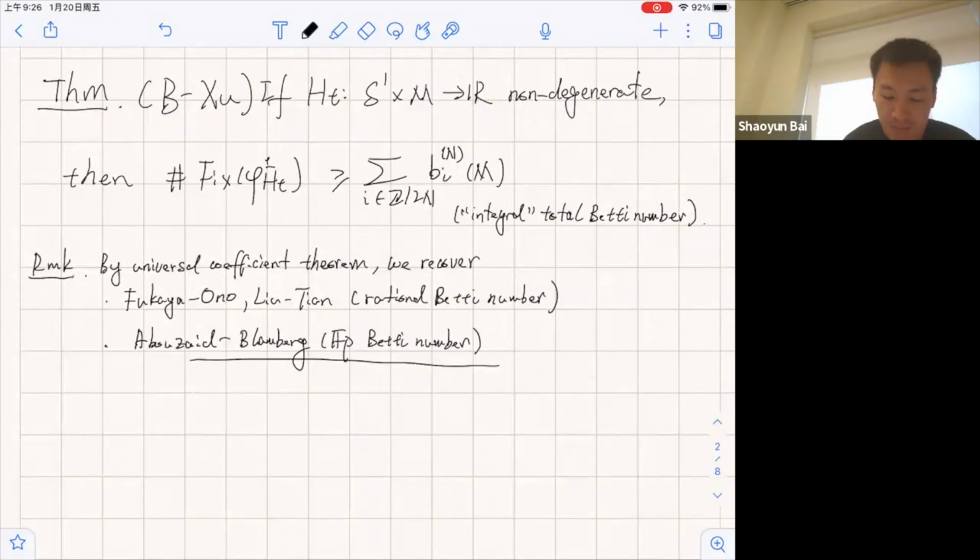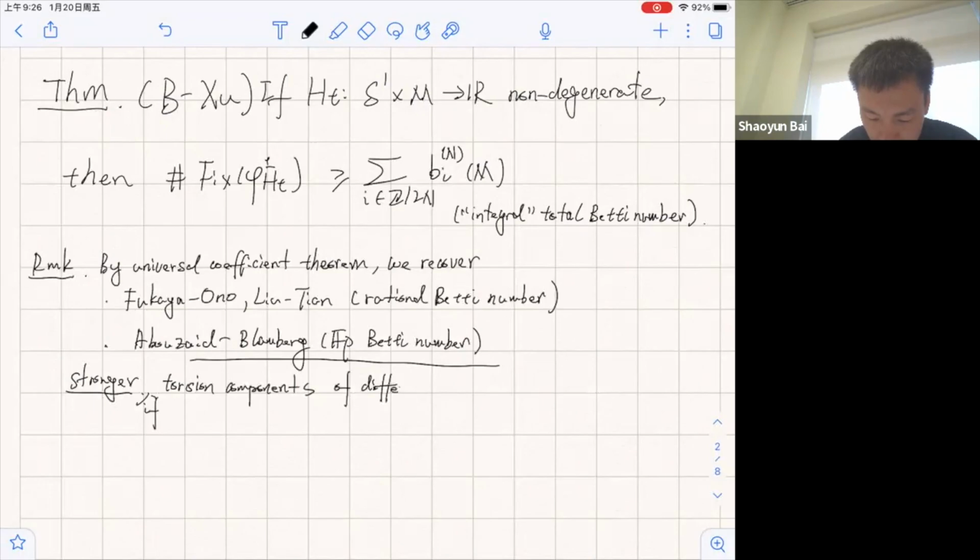All right. But of course, this lower bound is stronger in some cases. For example, it is stronger if the torsion components of our integral homology groups have different characteristics. For example, suppose our torsion components are of the form Z mod p, where p is a prime.